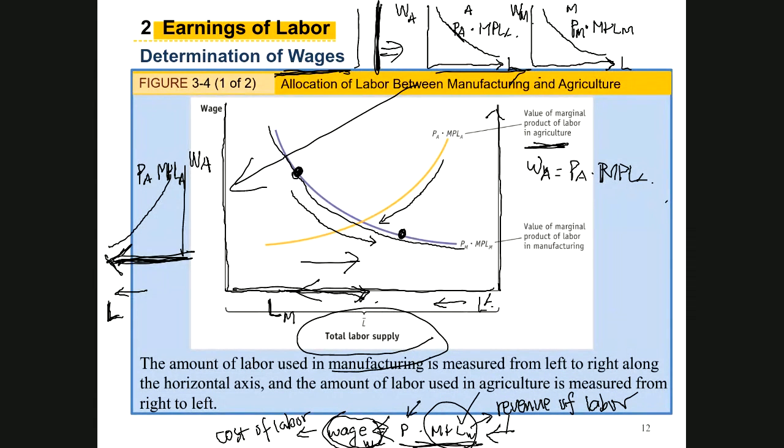So remember, how many industries do we have in this model? We only have two. One is manufacturing, one is agriculture, and it's the same case across the countries, right? So if we take a look at one of the countries, just like here, the home country, we could find the equilibrium across the industries.